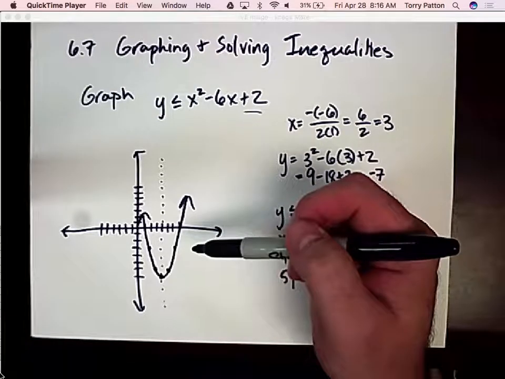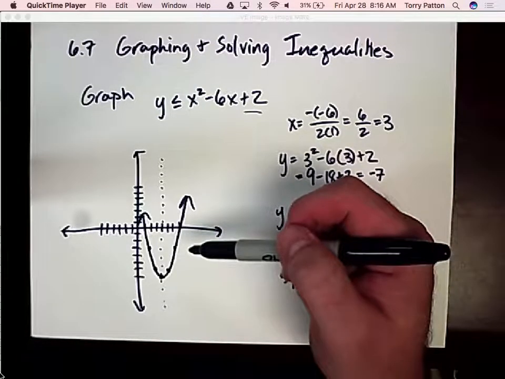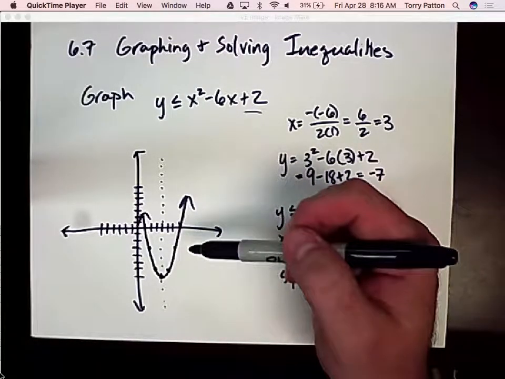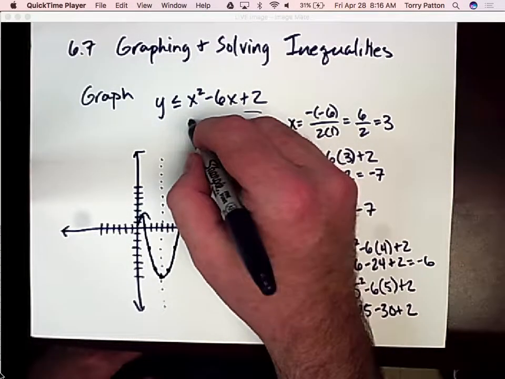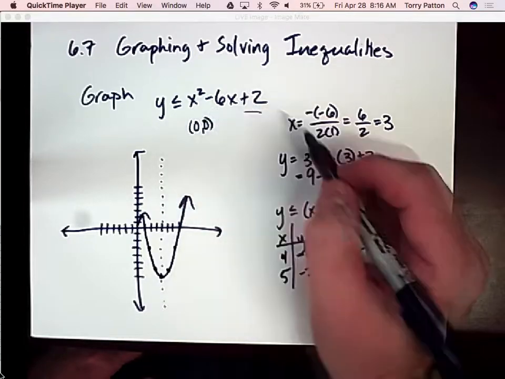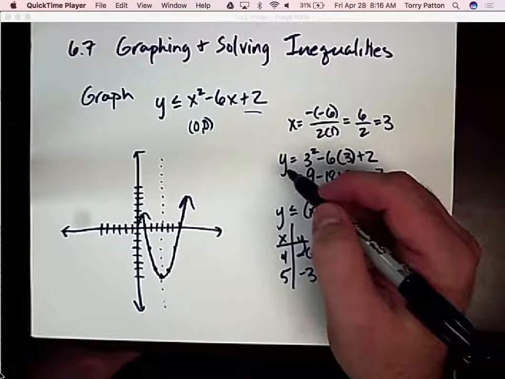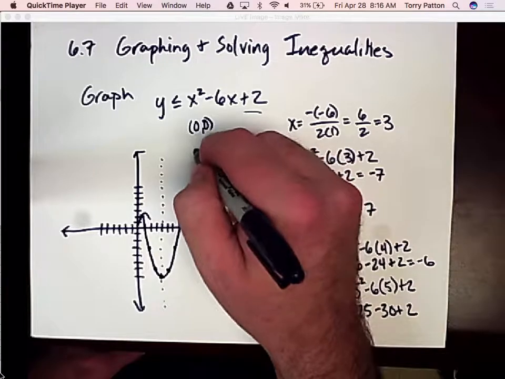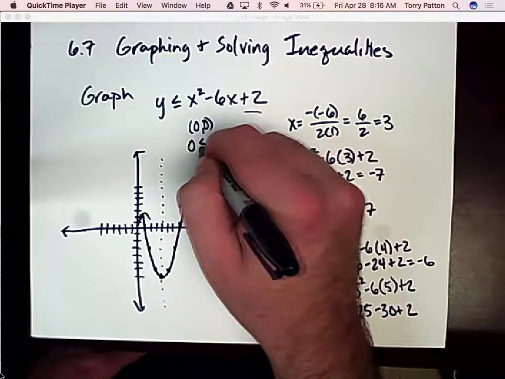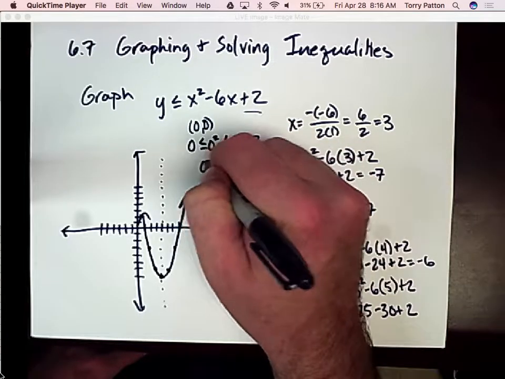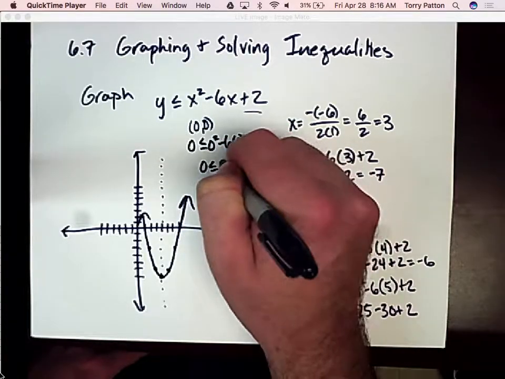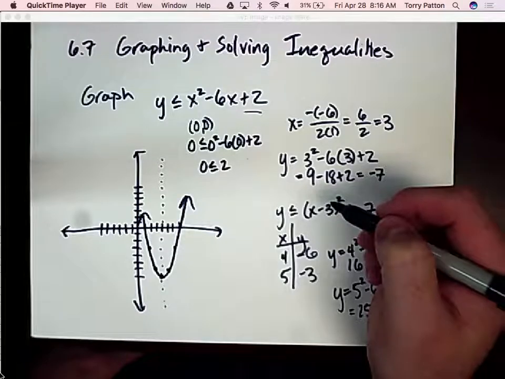Well, there's two ways you can decide. The way your book teaches, I don't really like. The way your book teaches is they say plug in the origin. X is 0, y is 0. So that would be 0 is less than or equal to 0 squared minus 6 times 0 plus 2. 0 is less than or equal to 2. Is that true?